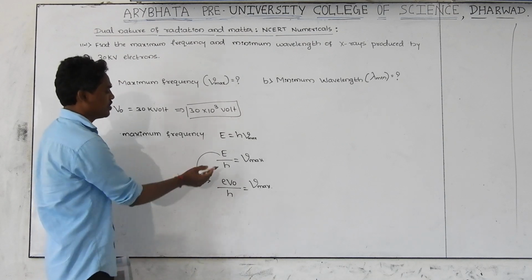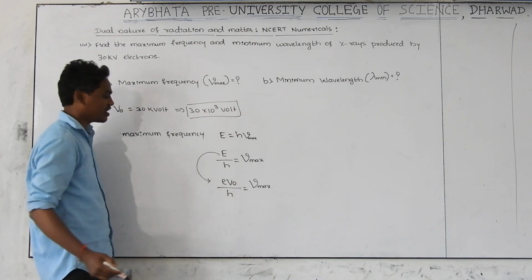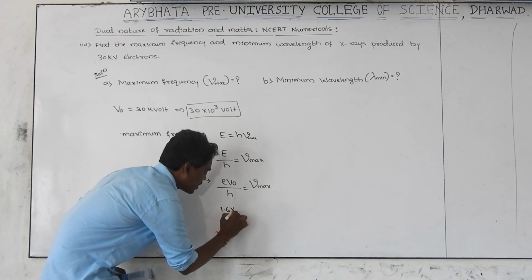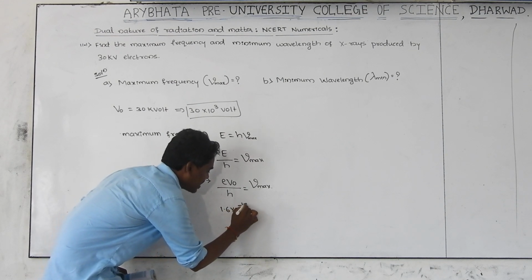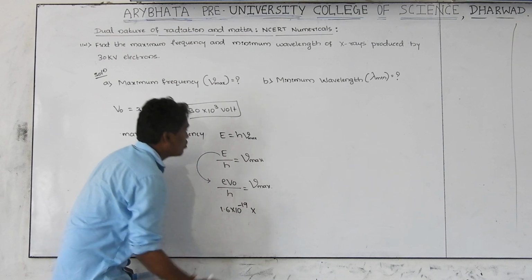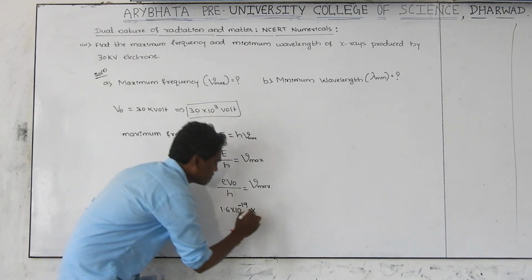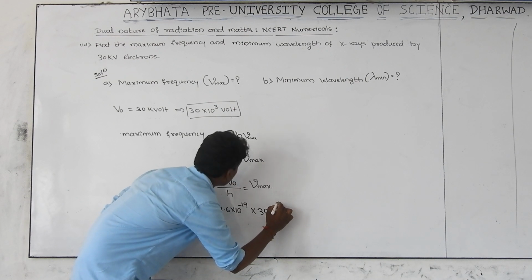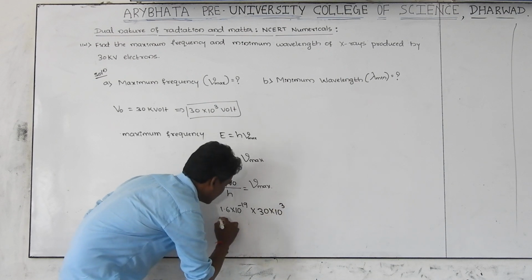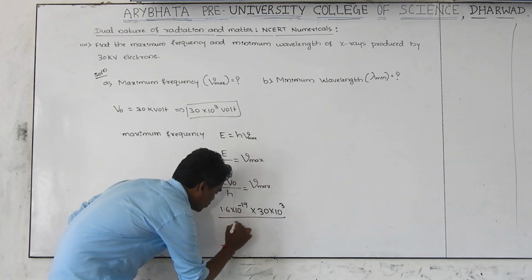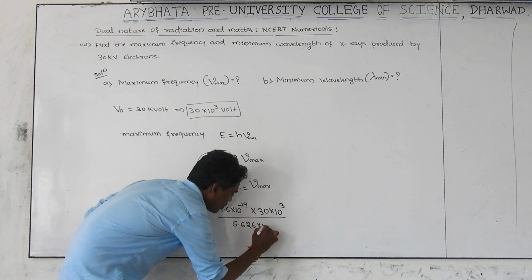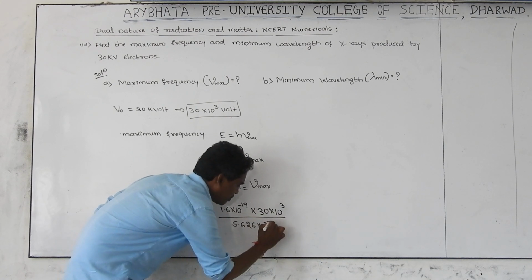Substitute the values. V naught is 30 kilovolt. Charge of electron is 1.6 into 10 to the power of minus 19 coulomb, into V, 30 into 10 to the power of 3, divided by Planck's constant 6.626 into 10 to the power of minus 34 joule second.